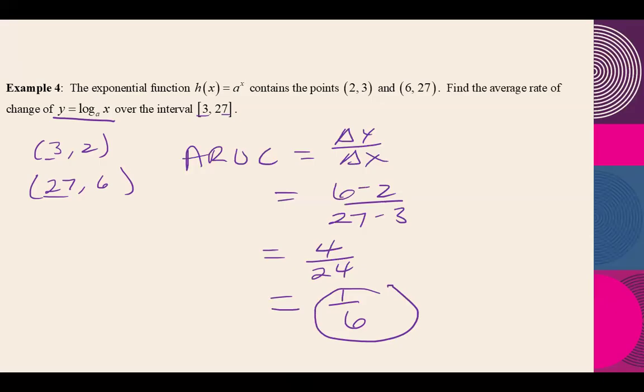All right, what are your questions for 2C.10? Because h of x gave us these points, and log base a of x is its inverse. And because they're inverses of each other, that means that if these points are on the exponential, then these points have to be on the log.